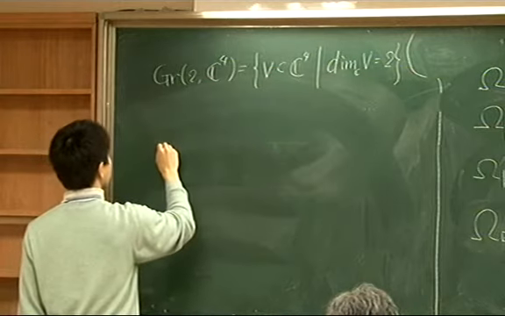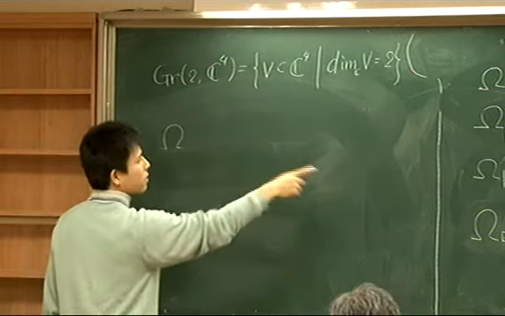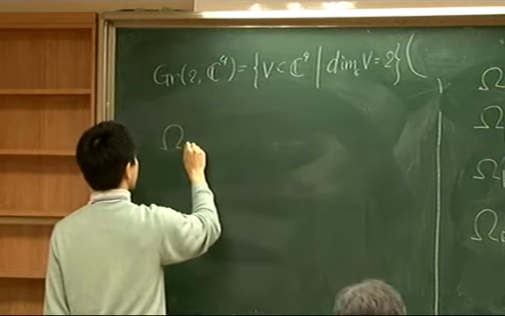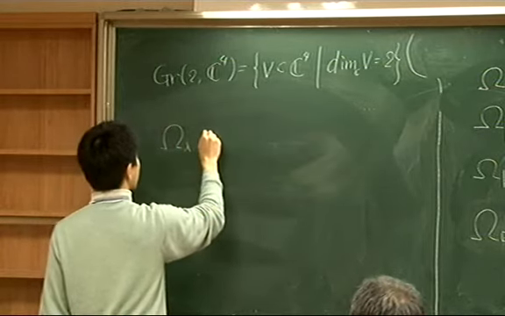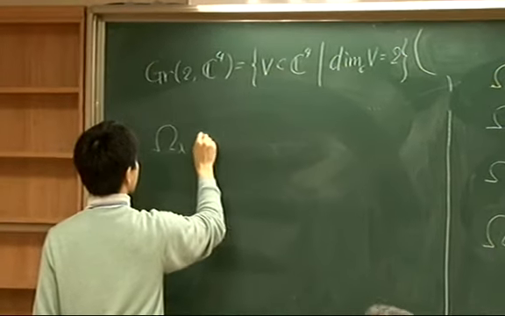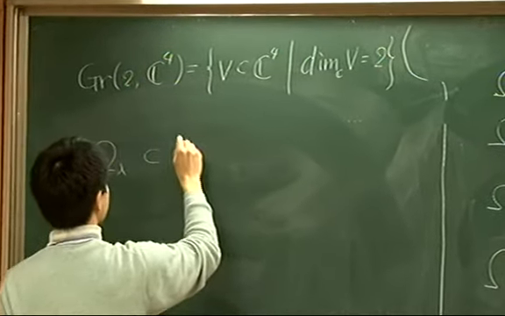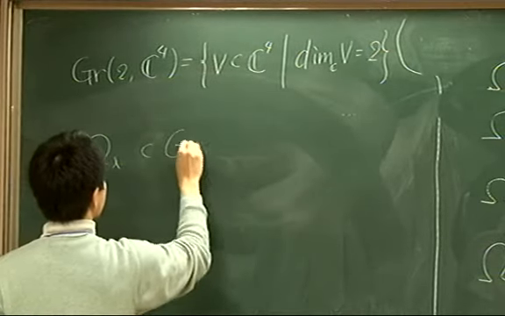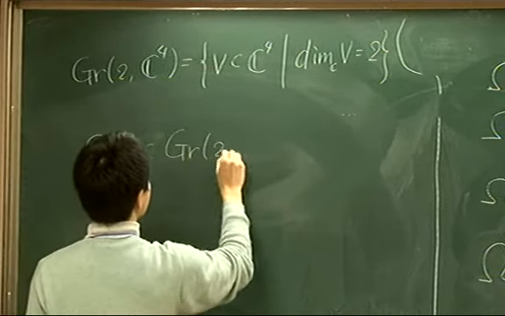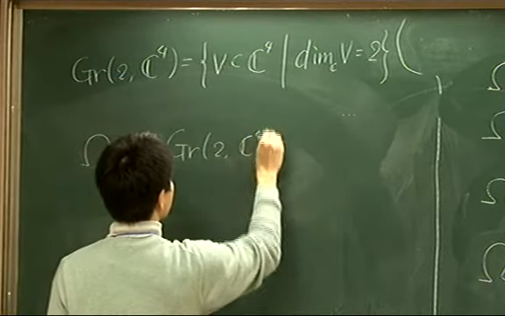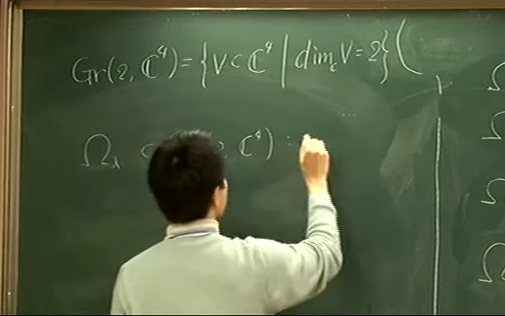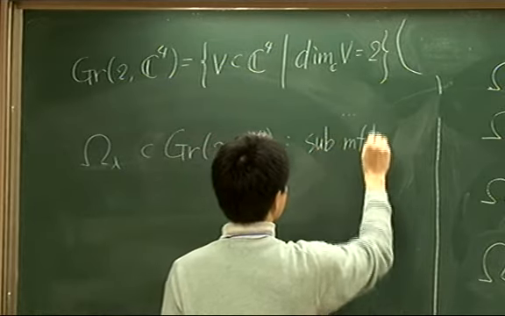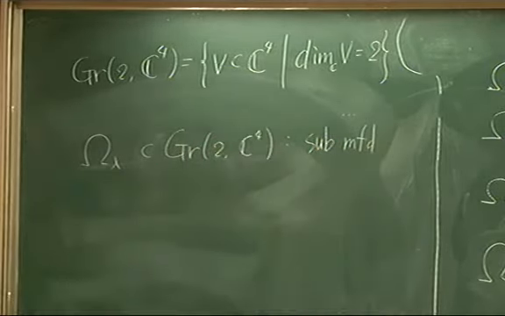And each condition for a line corresponds to some subvariety, closed submanifold in Grassmannian.